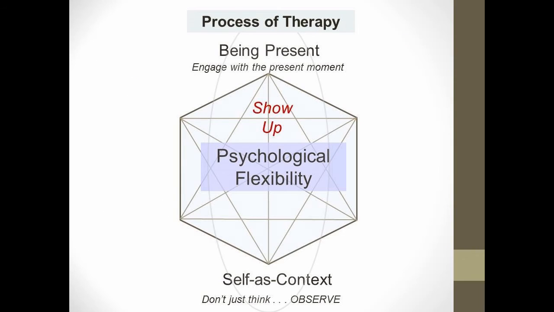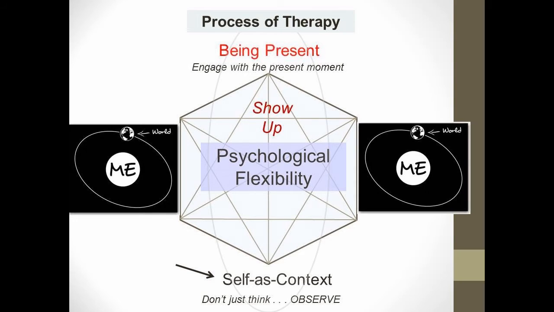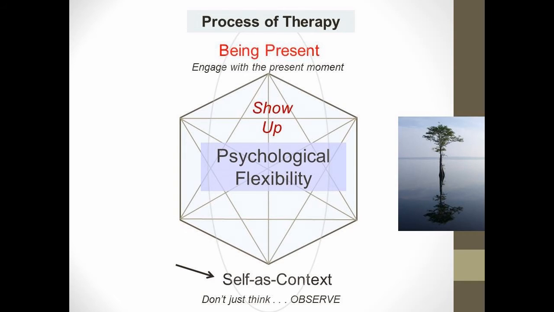The first part of the 3 is to show up, and part of this involves being present. Self in context implies that instead of thinking of ourselves as the center of the universe, one is instead an observer who, by being present, simply observes and just notices the world surrounding him or her, and also describes what is seen and participates fully without anxiously thinking about what may occur in the future.